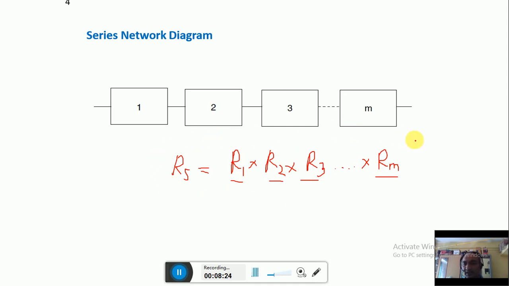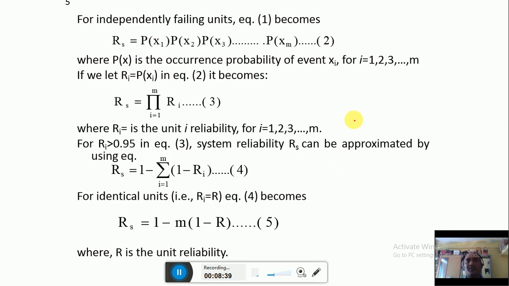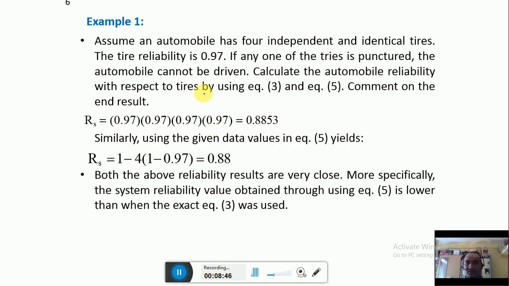When you multiply these numbers which are less than 1, you will get Rs always less than the minimum of these reliabilities, when the components are connected in series. Now the second one is when the components are connected in parallel. Before that, we'll solve one problem to understand the concept of series.